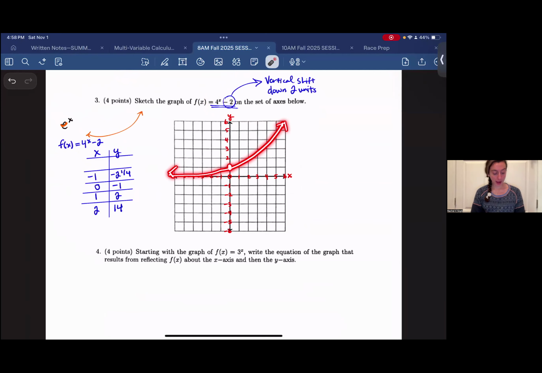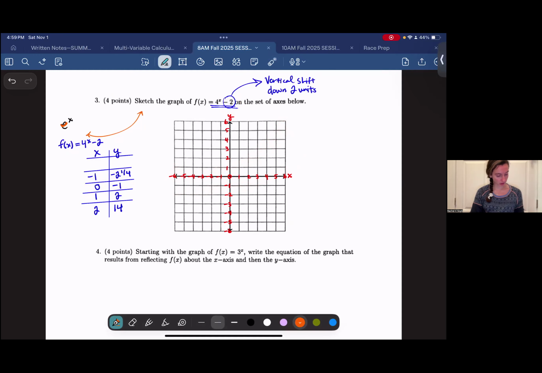But when you have that shift down 2 units, notice how our new y-intercept is at negative 1, which means our new horizontal asymptote is at y is equal to negative 2. So fun fact, the vertical shift of exponential functions is also known as the horizontal asymptote of the function.